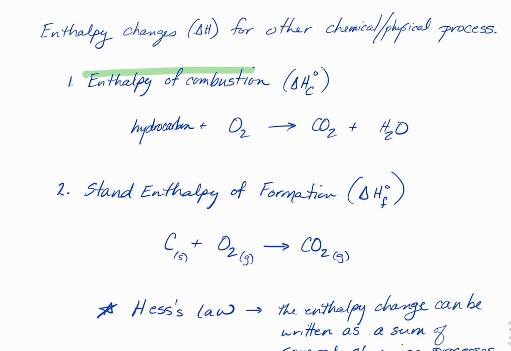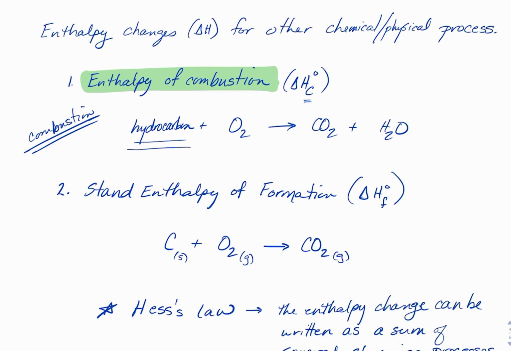It's the delta H for a specific kind of reaction called a combustion reaction. It's calculated the same way and means the same thing, but it's written as a combustion type of reaction. And a combustion reaction, remember, has a hydrocarbon that reacts with oxygen to produce CO2 and water. We typically write the delta H with a C as a subscript, just to say enthalpy of combustion.